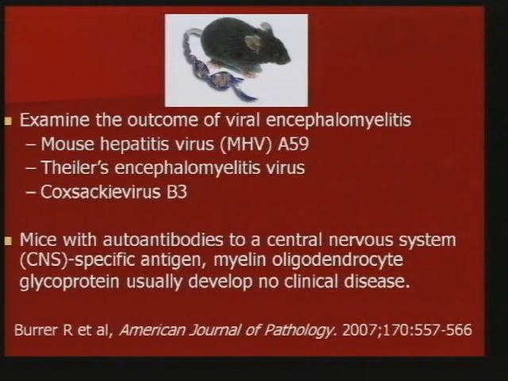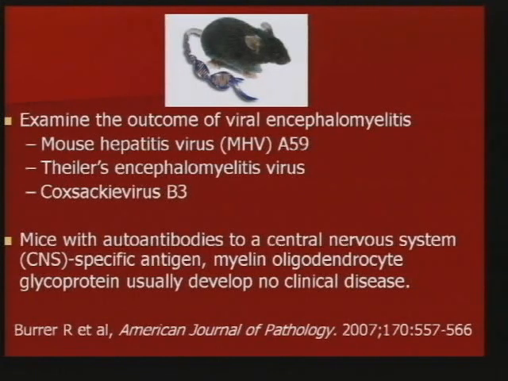And these mice already have an antibody against one of the brain proteins called MOG. But normally these mice are pretty healthy. They don't get any disease. But then they infected them with 3 different viruses. And the viruses they chose were hepatitis, this encephalomyelitis virus, and then a Coxsackie virus, Coxsackie is a very common winter disease.